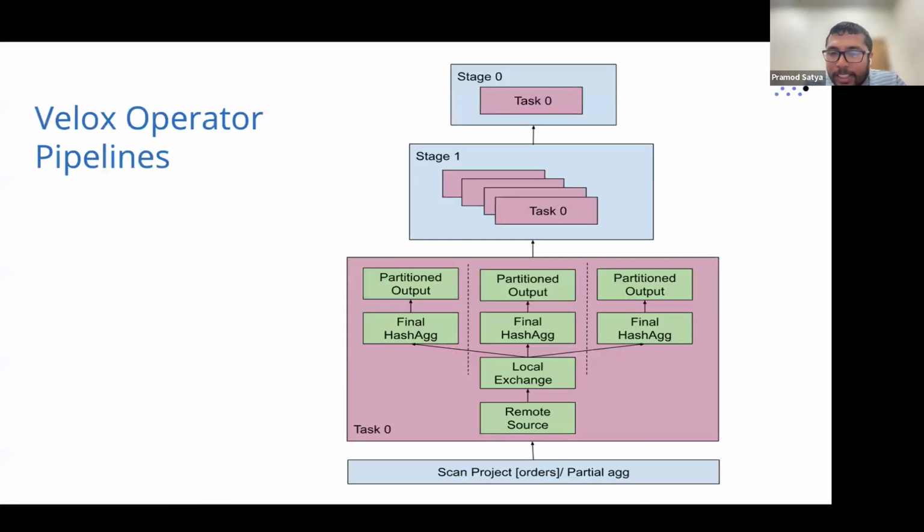In this case, you have data from your split and it's going to be distributed among these different operator pipelines. That's what happens in local exchange. Your data is divided into these different pipelines, so they can execute it in parallel.